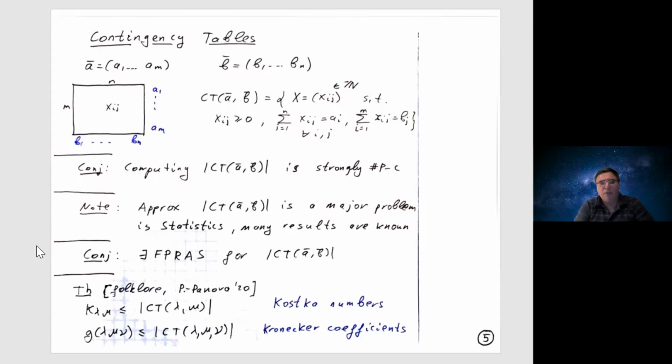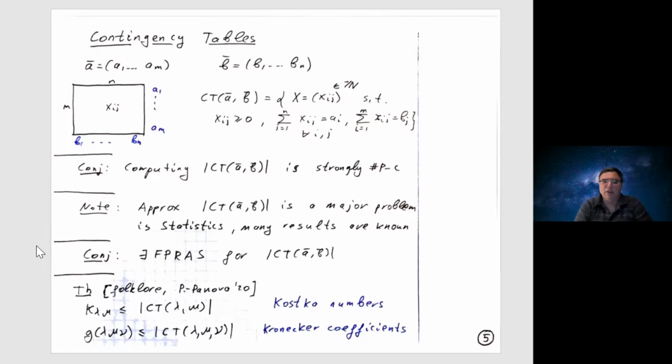And before I finally move on, let me also mention why this is important. That's another thing I care about, algebraic combinatorics. There are bounds on important numbers in algebraic combinatorics in terms of the number of contingency tables. So, for example, Kostka numbers are bounded from above by the usual contingency tables, and similarly, Kronecker coefficients are bounded from above by the number of three-dimensional contingency tables, with two-dimensional sums being lambda i's, mu i's, and nu i's.